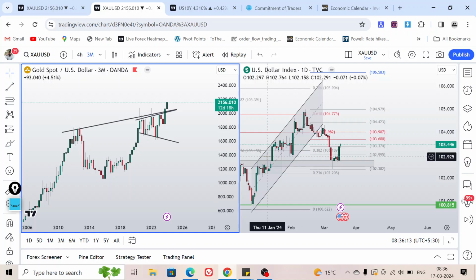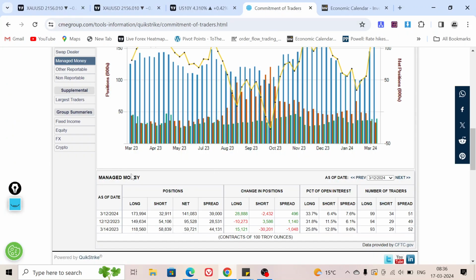Before going into the price action, as usual we are going to check the latest COT, that is the Commitment of Traders report.